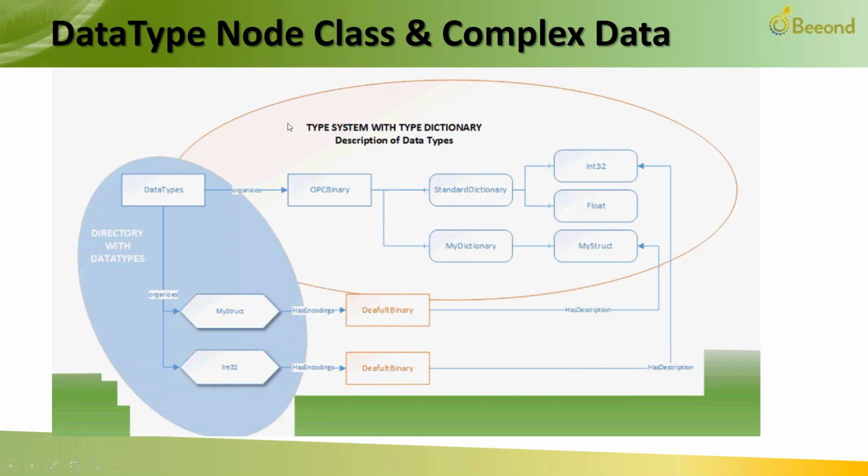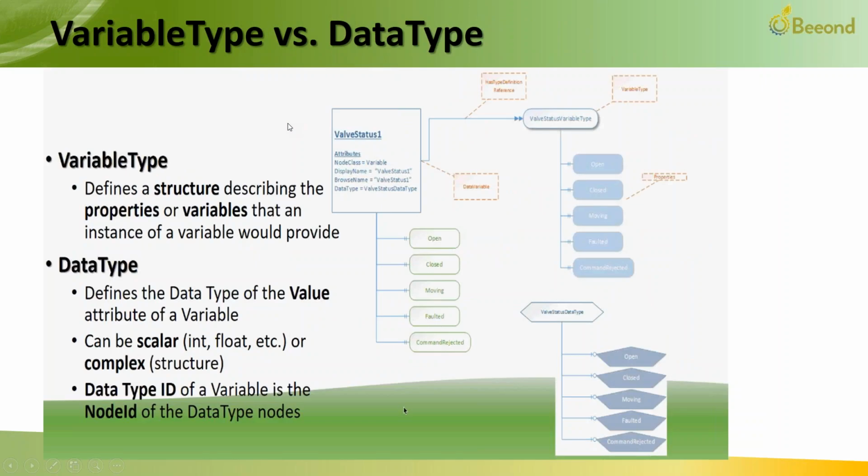So what's the difference between a variable and a piece of data? Whereas a variable type defines a structure, an object that describes the properties and the variables and their properties that an instance of a variable would provide, the data type defines that very variable, the very value that the variable type might instantiate.